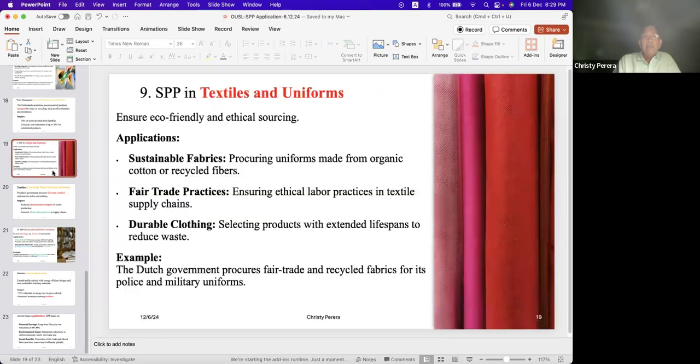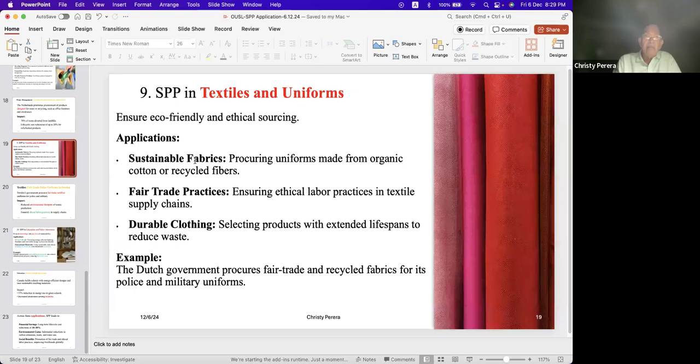Another one, textiles and uniforms. It's also a fairly large amount, uniform. Police, army, even prison, schools, everywhere is in uniform. So ensure eco-friendly and ethical sourcing. Sustainable fabrics.